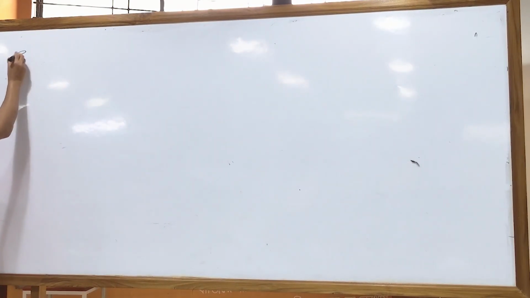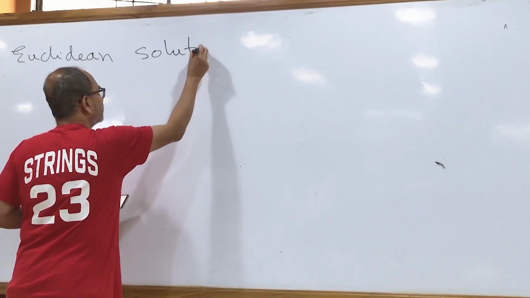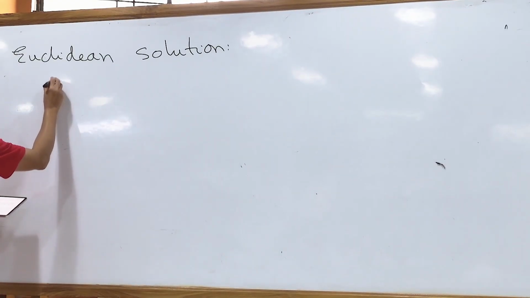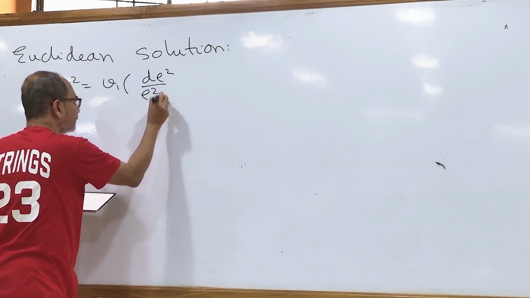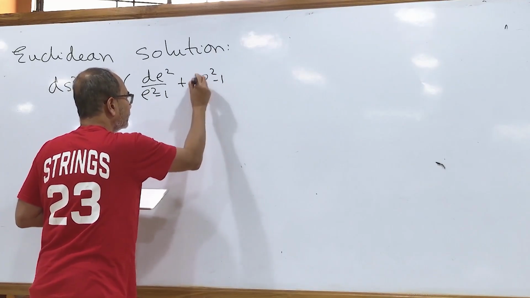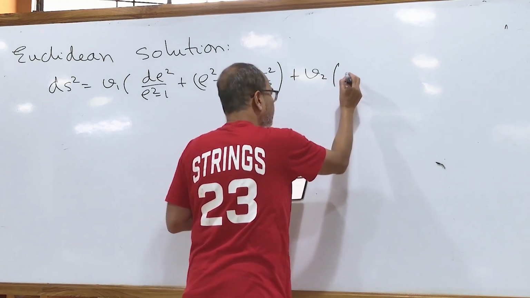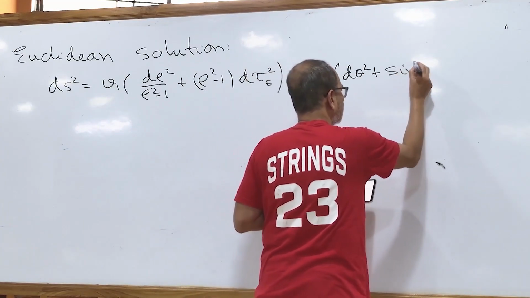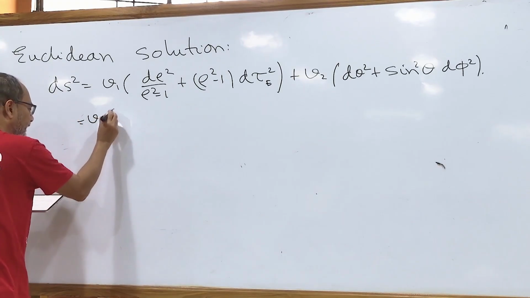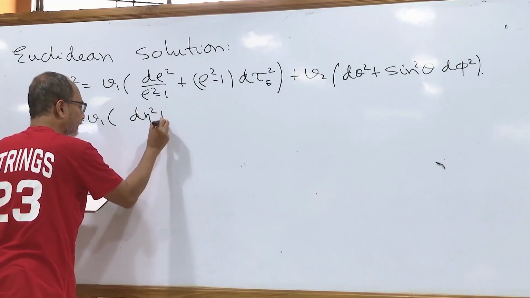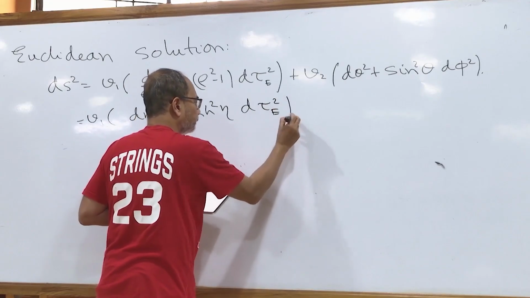So you have the Euclidean solution. So the metric now takes the form V1 times, in the eta variable, it is sometimes easy to write, d eta squared plus sin squared eta d tau_E squared, plus V2.